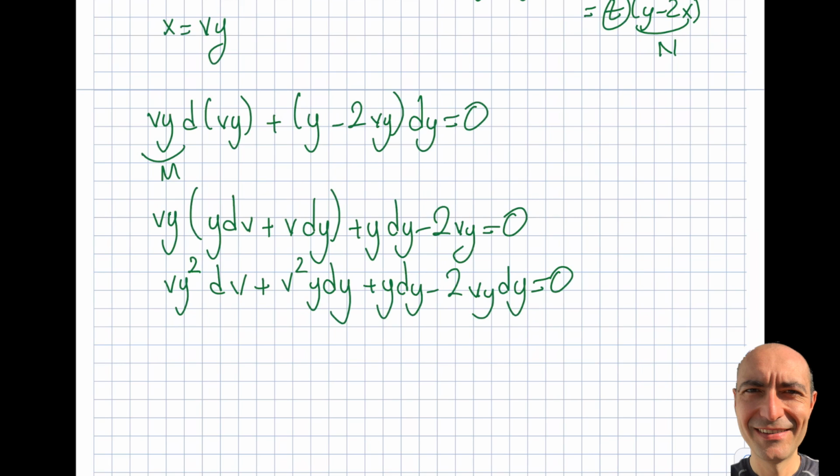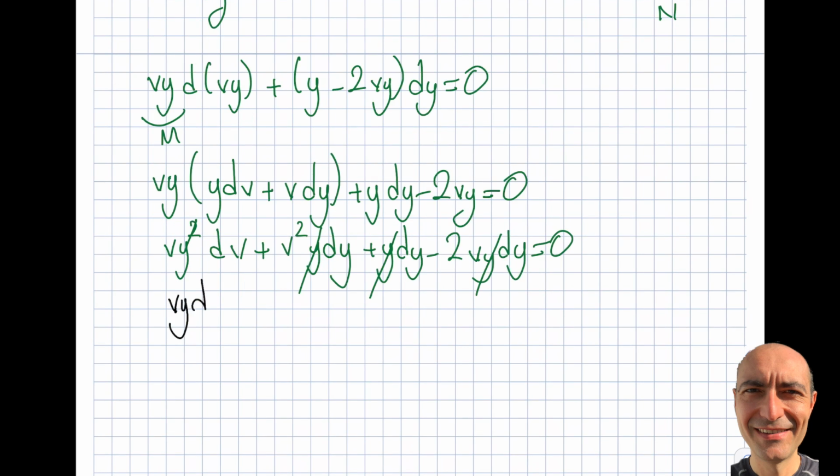I see every term is multiplied by y, right? So I can divide both sides of the equation by y, so I can delete y from each and every term. vy dv, okay, plus. Now I am writing the rest of them with respect to dy, right? It's a very standard form, almost like an M N kind of thing. So it's going to be v squared minus 2v plus 1.